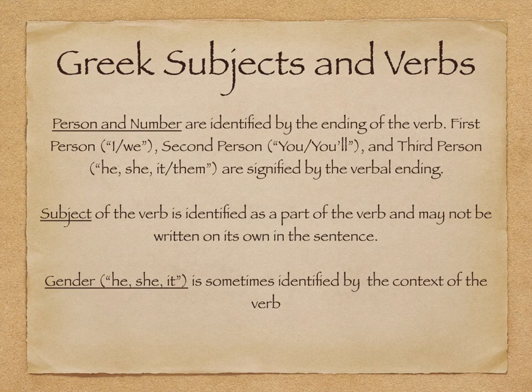But in Greek, verbs house the subject within them simply by their ending. And gender, he, she, it, in third person, singular or plural. We don't know if it's masculine, feminine, or neuter, and this is identified by the context of the verb or the noun, we would say as well.